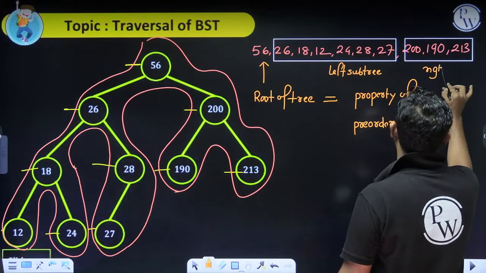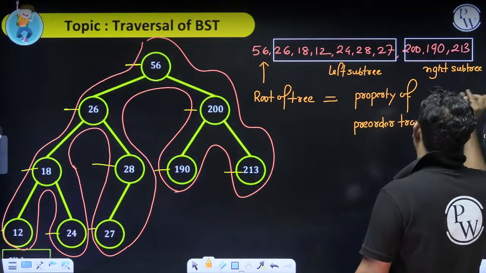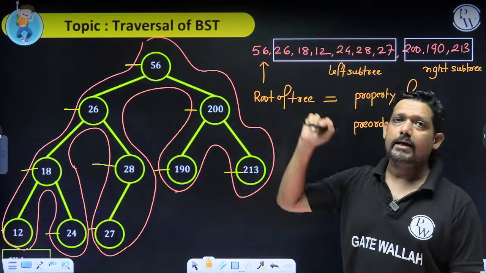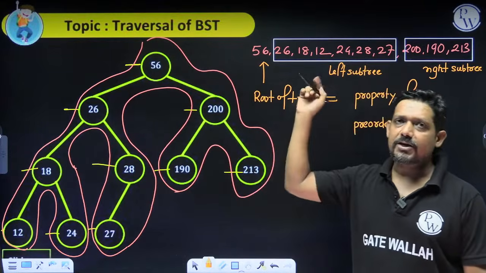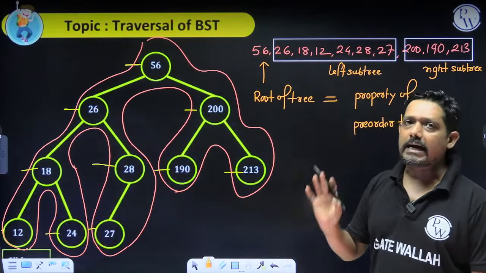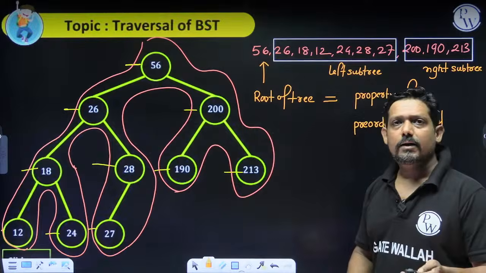So from the preorder traversal I can identify the root, the left subtree based on the property of a BST, and the right subtree.